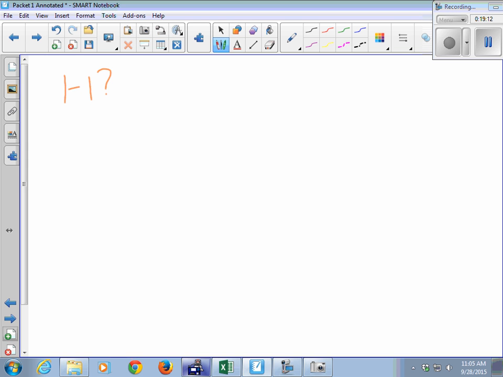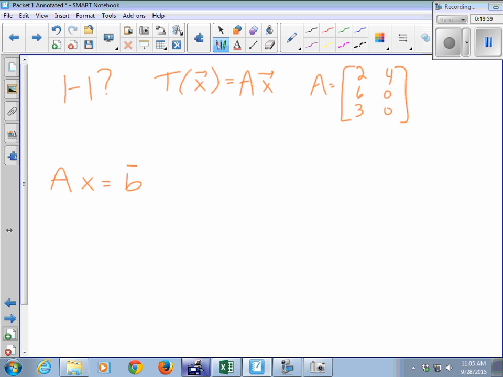So I need to show, remember that T of X is the function that takes an input vector X and multiplies it by the matrix A. And A, I'm just rewriting things we already know here, 2, 6, 3, 4, 0, 0. Okay. So we need to show that there is at most one solution to AX equals B. I have to show that for whatever B I pick, when there's a solution, there's only one solution.